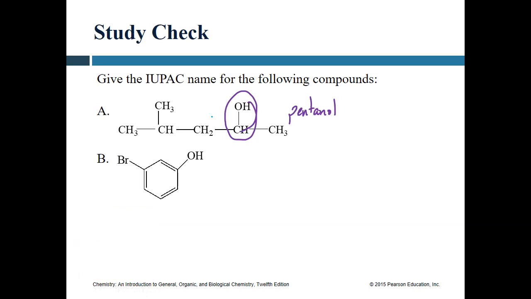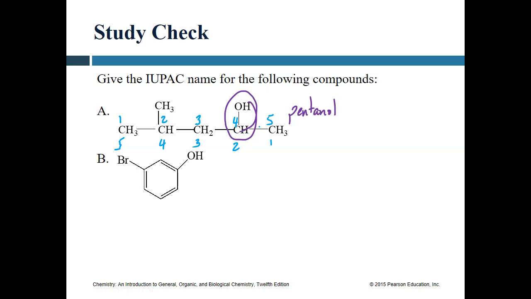So from a numbering standpoint, I could number left to right or right to left. Just like with the last example, I get the same number combination either way, 2 and 4.